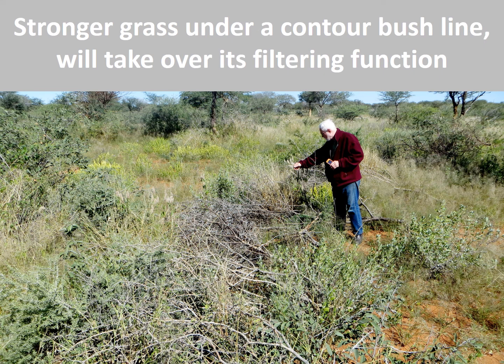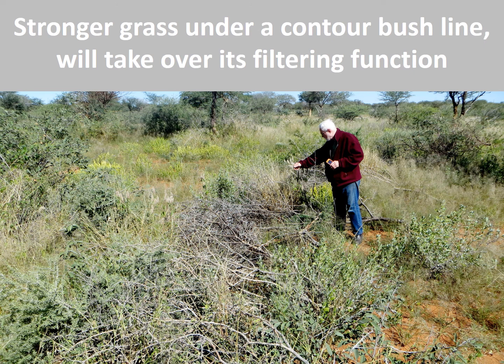Here's an example of a windrow, or a contoured bush line, as Evo calls it. It's a place that attracts moisture, it attracts animal life, and it will act as a nurse-like cover to help grass establish, that can slow down the flow of water across the landscape and filter out the erosion.